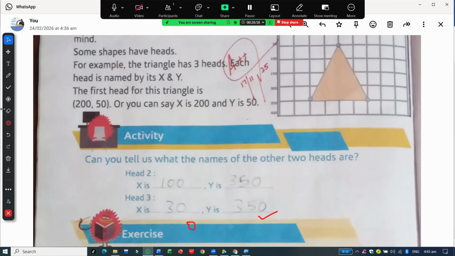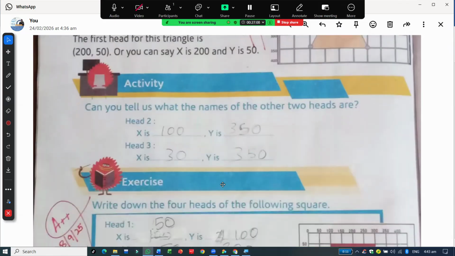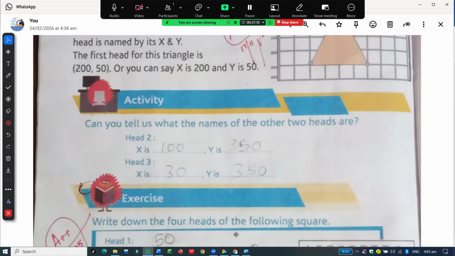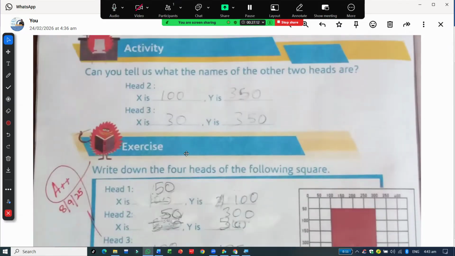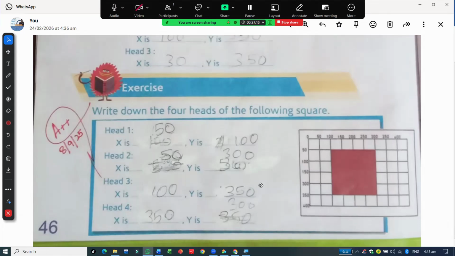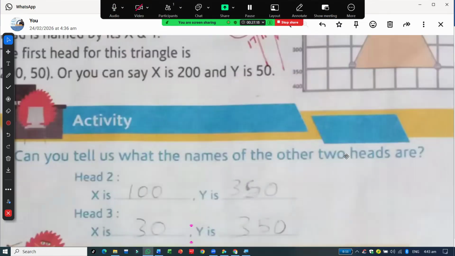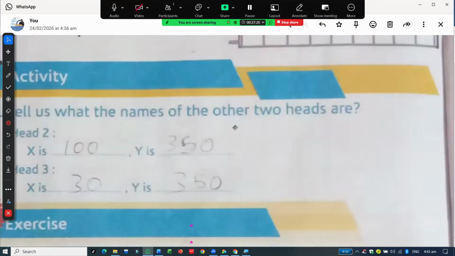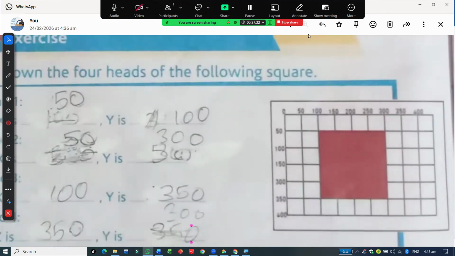So here we have an exercise for you in the book. Write down the four heads of the following square. Here are some exercise values. You will check, because a square means four heads. Check this one.